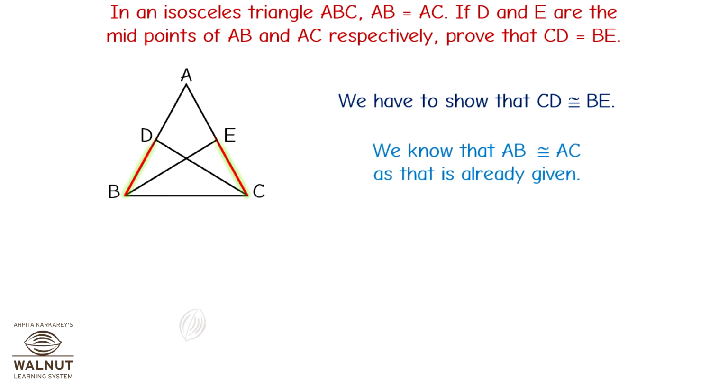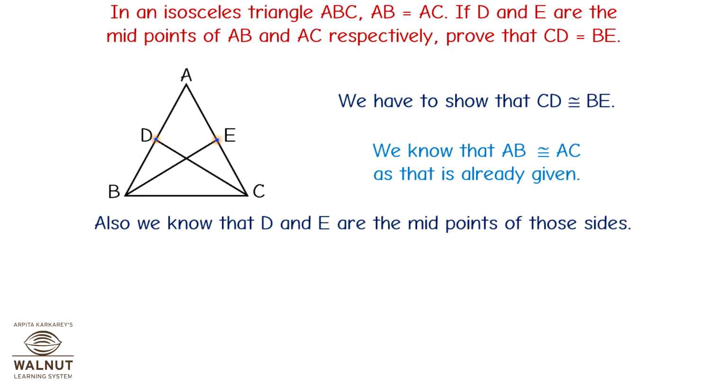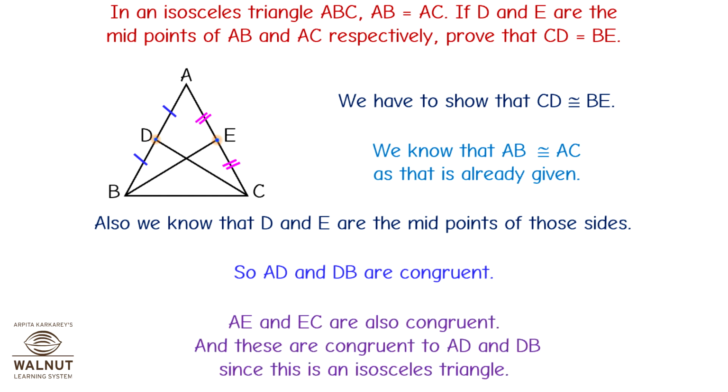Let's see. We know that AB is congruent to AC as that is already given. We know that D and E are the midpoints of those sides. So AD and DB are congruent. AE and EC are also congruent. And these are congruent to AD and DB since this is an isosceles triangle.